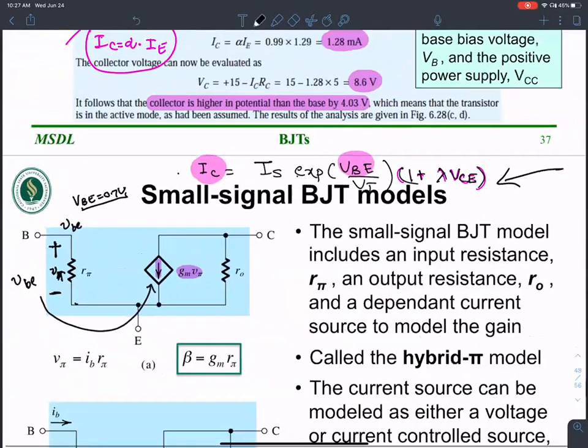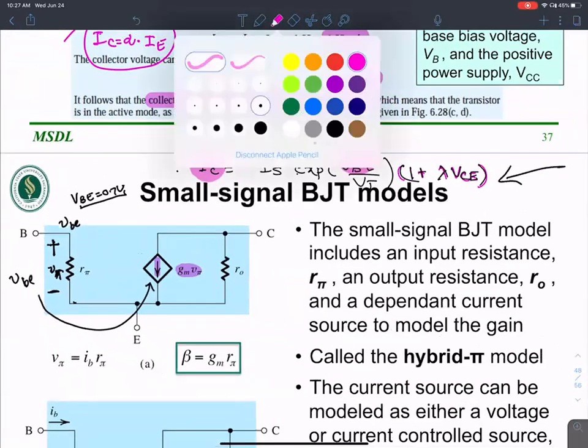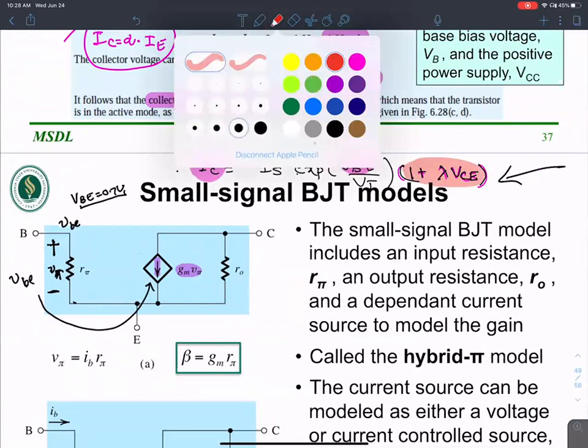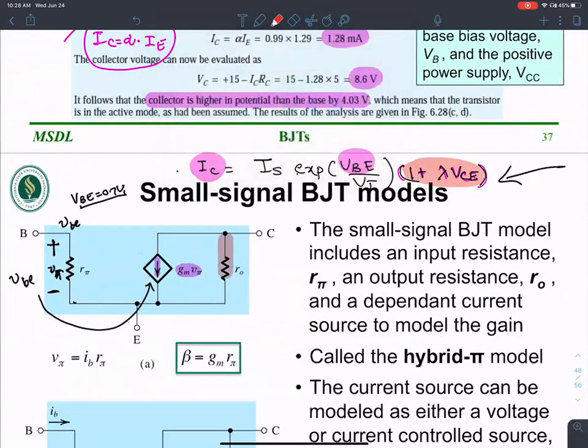In order to take care of this term, 1 plus lambda VCE, I incorporated a resistance R naught. R naught is 1 over lambda IC, remember? This represents the base width modulation.